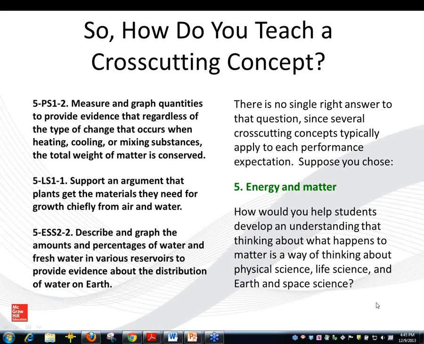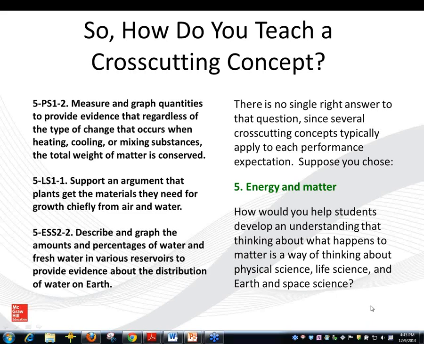And then life science: support an argument that plants get materials they need chiefly from air and water. This is really photosynthesis at an elementary level, and the idea that plants don't get their tissue primarily from the soil.